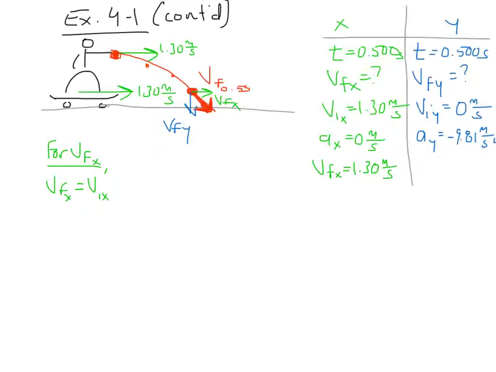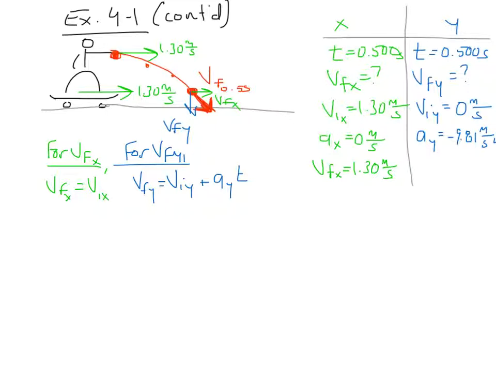All right. Let's now find our final velocity in the y direction. Final velocity in the y equals initial velocity in the y plus acceleration in the y direction, which we know, times time.